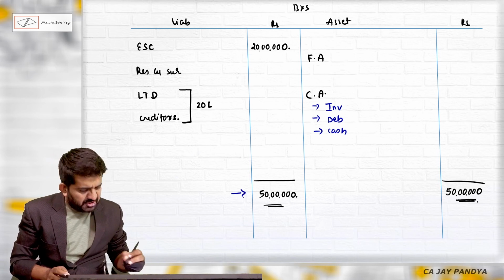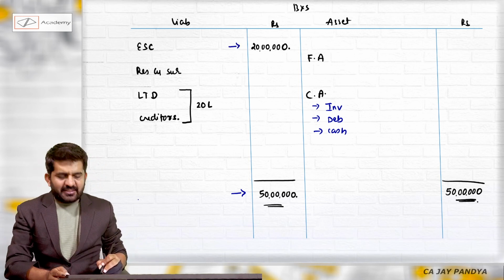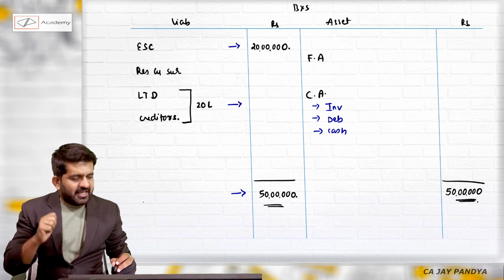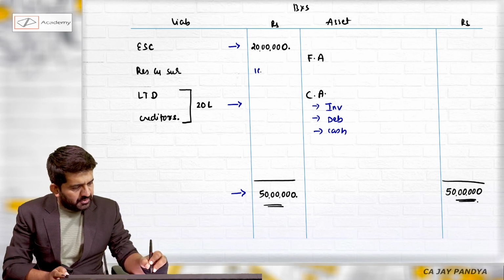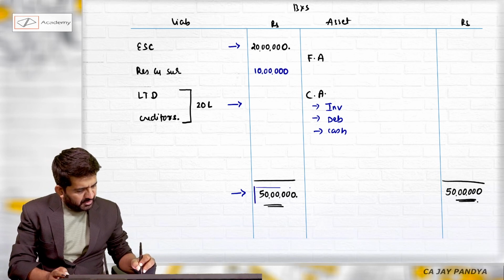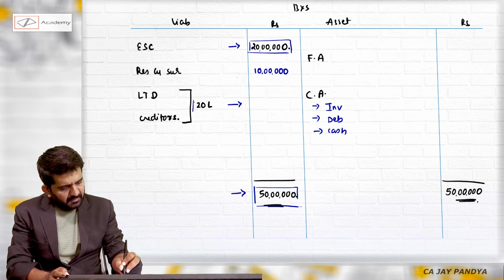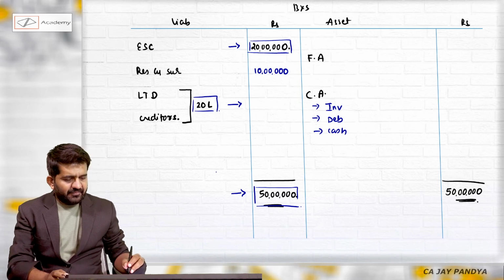Total of the balance sheet is 50 lakhs. Equity share capital is 20 lakhs. Long-term debt plus creditors is 20 lakhs. If the total needs to be 50 lakhs, reserves and surplus will be nothing but 10 lakhs. How? 50 lakhs minus 20 lakhs minus 20 lakhs is 10 lakhs.